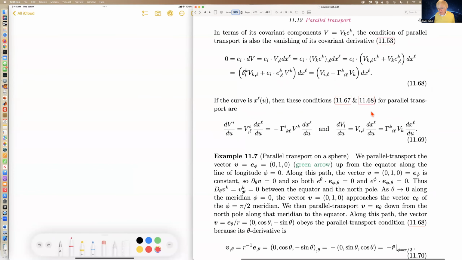So basically, the nth derivative of the ith component dotted into the displacement dx^l, the change of the coordinates, is the same thing as this Christoffel symbol summed over k times v^k, again, times dx^l.